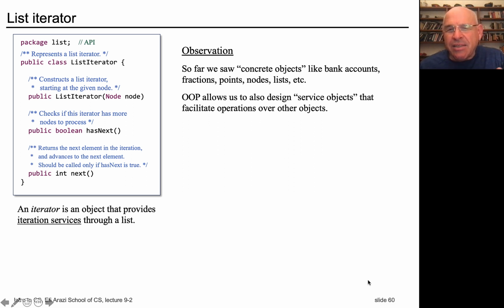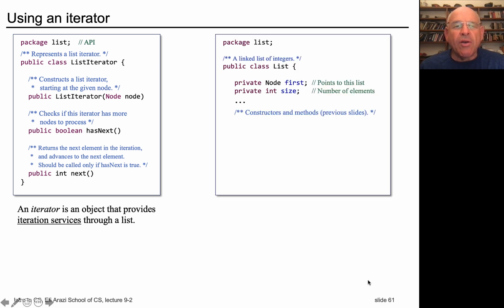And this is a little bit advanced, but what can I say? It's something that we have to teach and you have to learn. So the list iterator is one of these abstract objects that facilitates action. You can do something with it over a list object. So let's see how we actually use it.